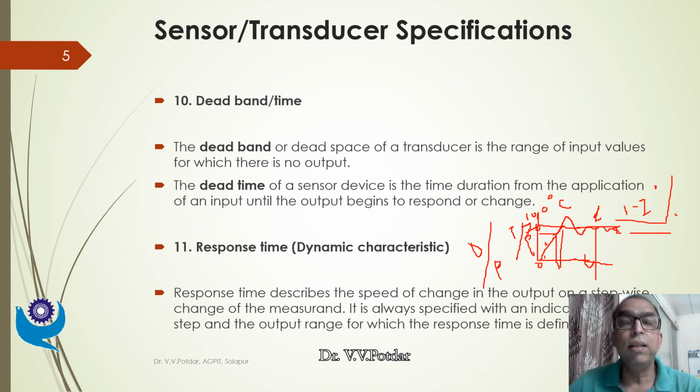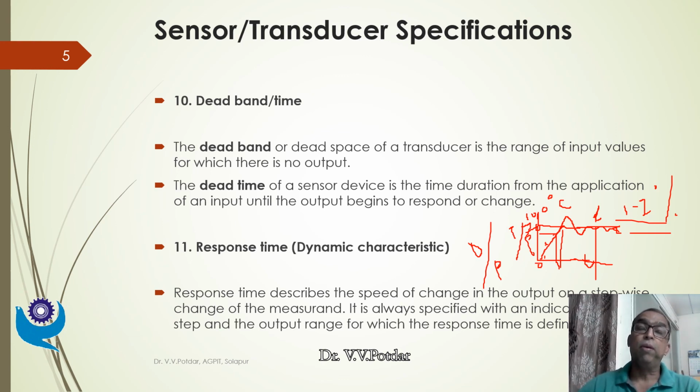And remember friends, before we go further, there are these 10 static characteristics and a few more. We consider only 10 static performance characteristics and a few dynamic performance characteristics. These are very important from the design point of view of a mechatronic device, because whatever design concept we have in our mind for the mechatronic device I am planning, the transducers which give me the correct feedback signal by sensing that parameter are very critical.